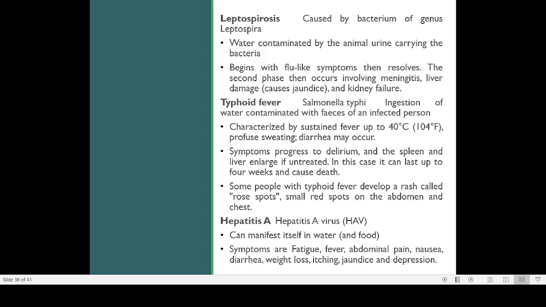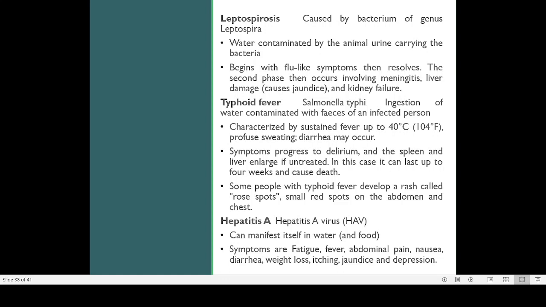Symptoms are fatigue, fever, abdominal pain, nausea, diarrhea, weight loss, itching all over your body, then jaundice. Jaundice is caused by liver damage, and along with that, there will be depression also. These are some of the major problems associated with hepatitis.